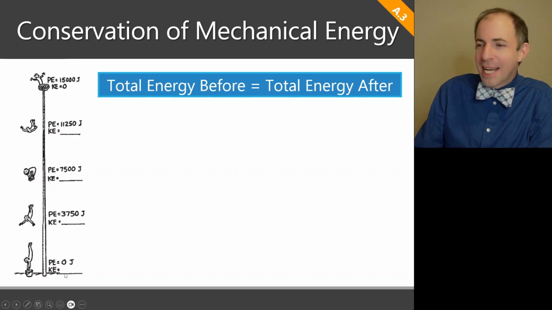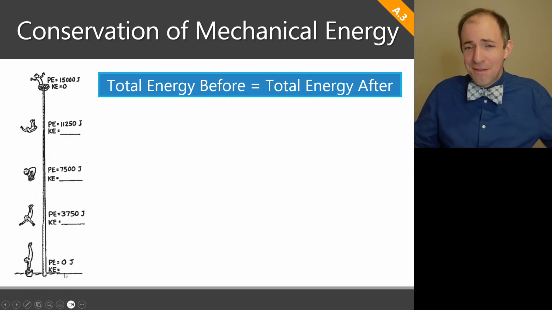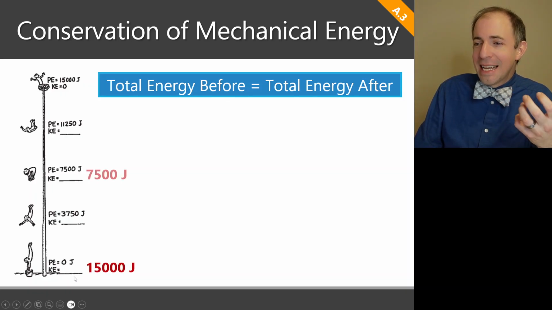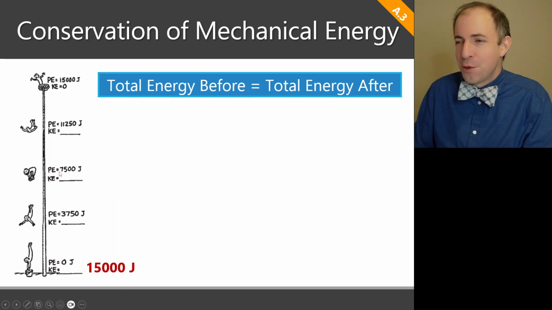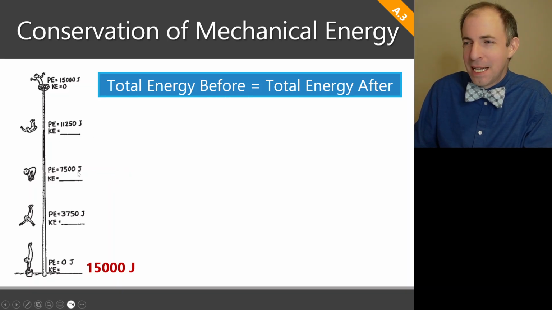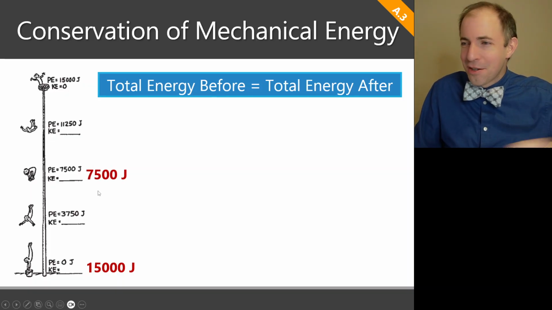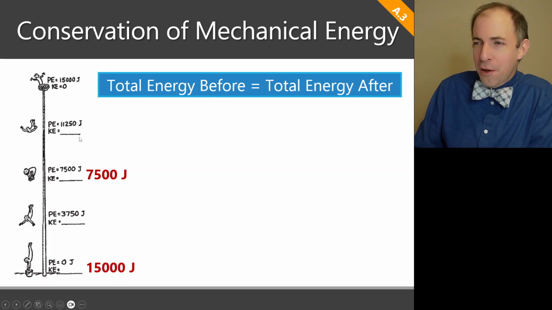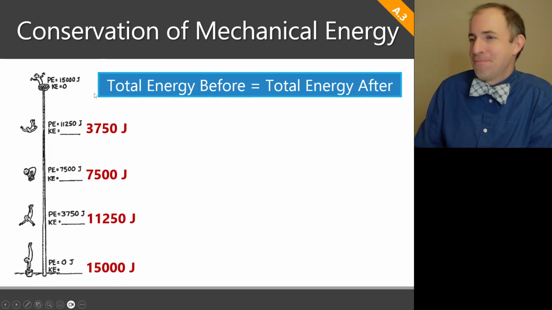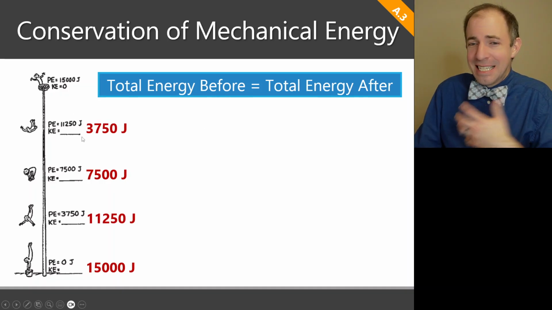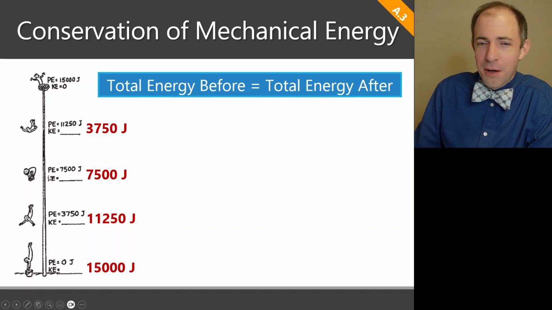All the way at the bottom, I expect the same total energy of 15,000 joules, but now the potential is 0, so the kinetic has to be 15,000. In the middle, we have 7,500 joules of potential. The total still has to be 15,000, so the kinetic has to be the other half. And then at these other points, we will see that it will also add up. So we can find the kinetic energy basically by taking 15,000 and subtracting out the potential.